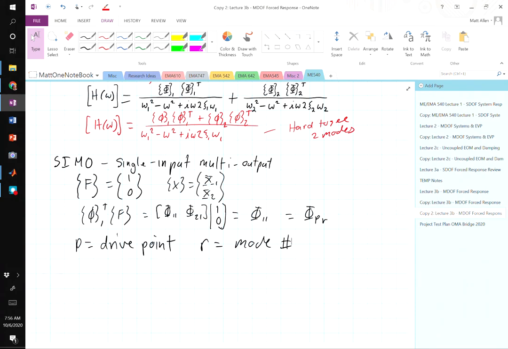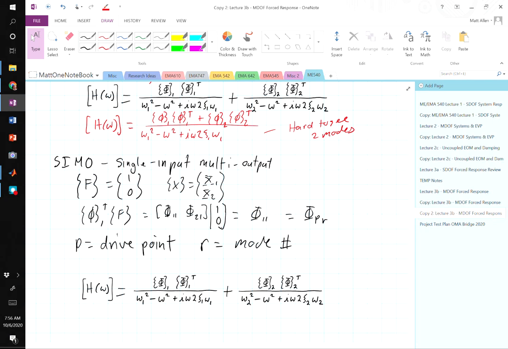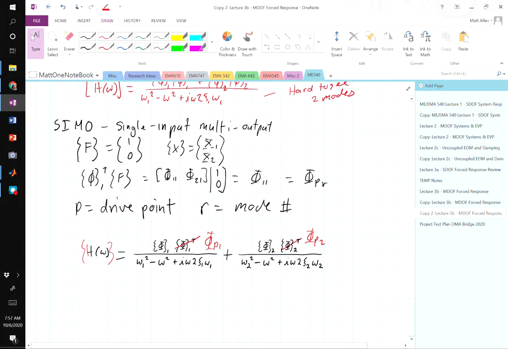Our h of omega, this will just become phi p1, and this will become phi p2, and those should be the mass normalized phis. And this becomes a vector h. We get a single measurement at each point on the structure.